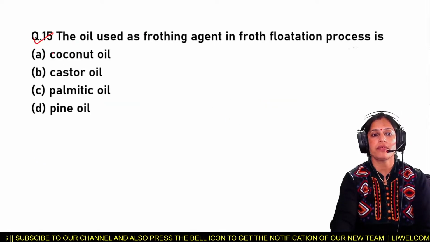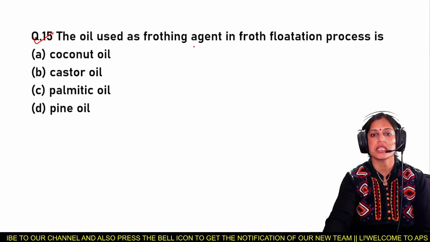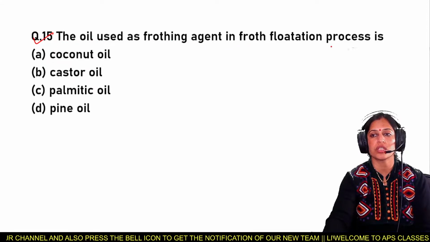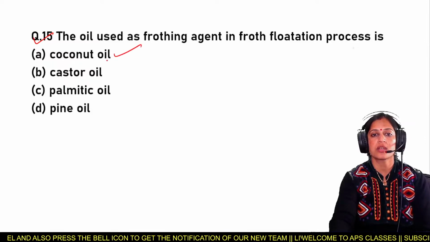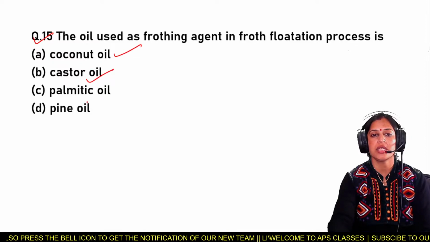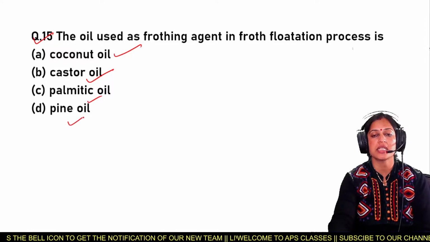Next is question number 15. The oil used as frothing agent in froth flotation processes. Options are A, coconut oil, B, castor oil, C, palmitic oil, and D, pine oil.